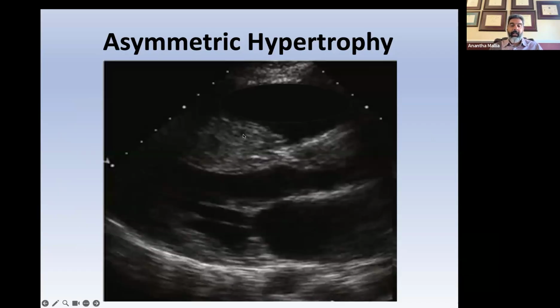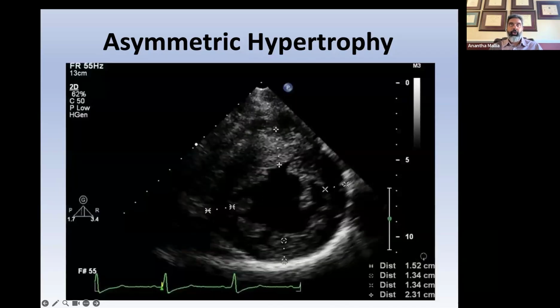Here is an example of a parasternal long axis view where the septum, you can see, is much thicker than the opposite wall. So there's asymmetric hypertrophy, in this case involving the septum, including the LVOT. In the short axis view, you can see similar asymmetric hypertrophy. In this case there is the septum, anterior septum, inferior septum.